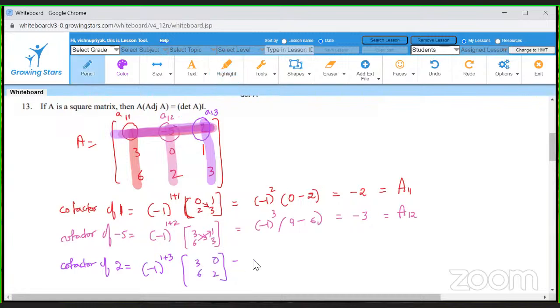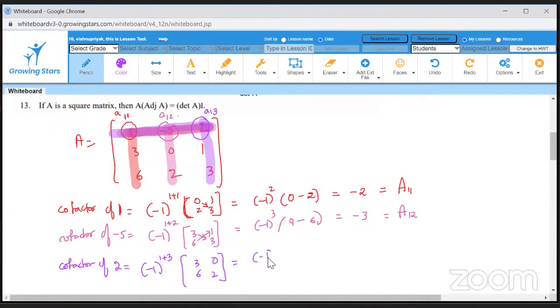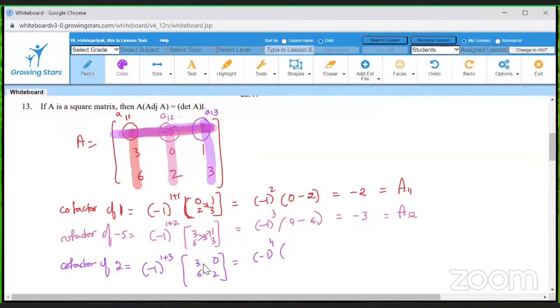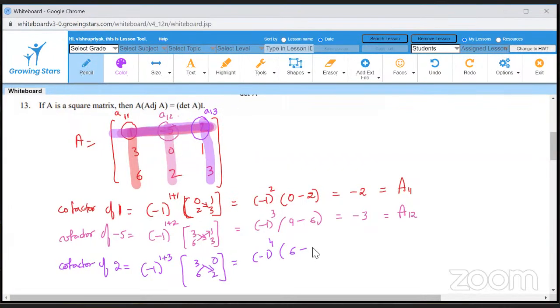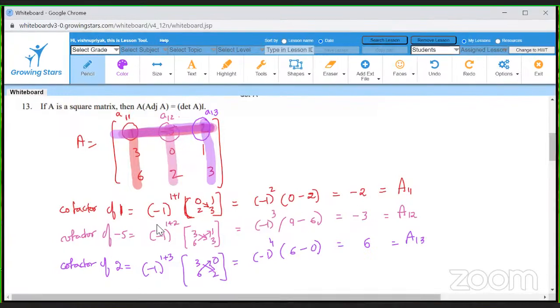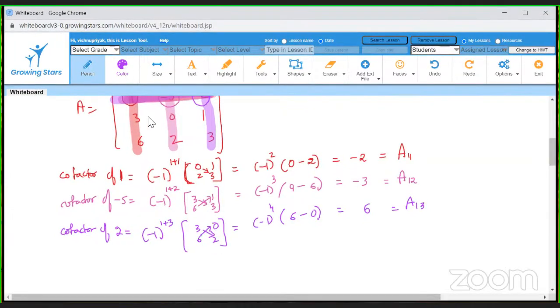Write as a matrix. Minus 1 power 4 into 3 into 2, 6, minus 6 into 0, 6. So it is 6. This is the cofactor of A13. Like that, for every element you can write the cofactor. I'll show you some more, don't worry.